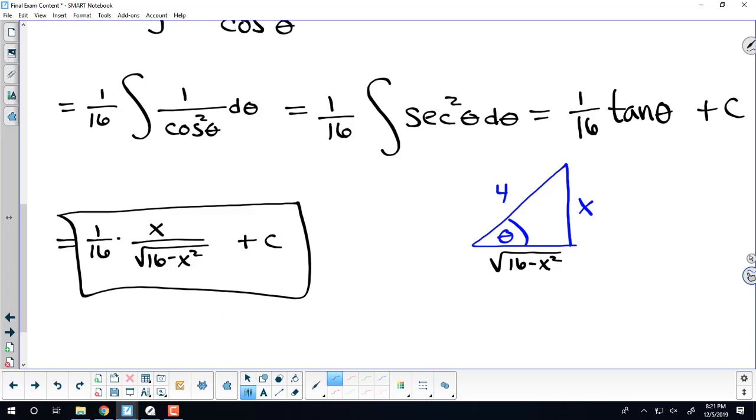Anything else you want to look at? Let's do a partial fraction.